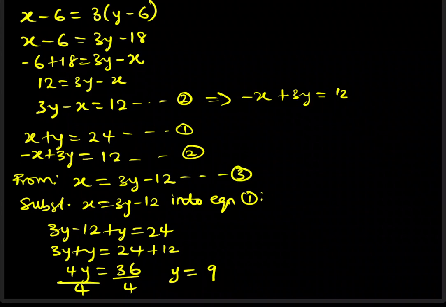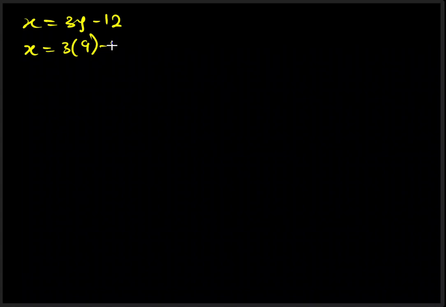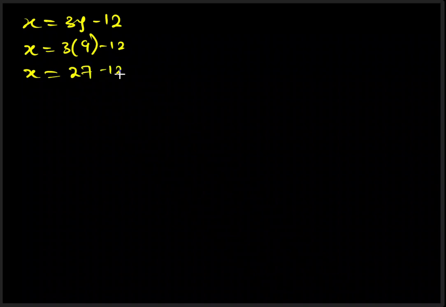So x equal to 3y minus 12, and our y is equal to 9. So x equal to 3 brackets 9 minus 12. X equal to 27 minus 12. So x is equal to 15.